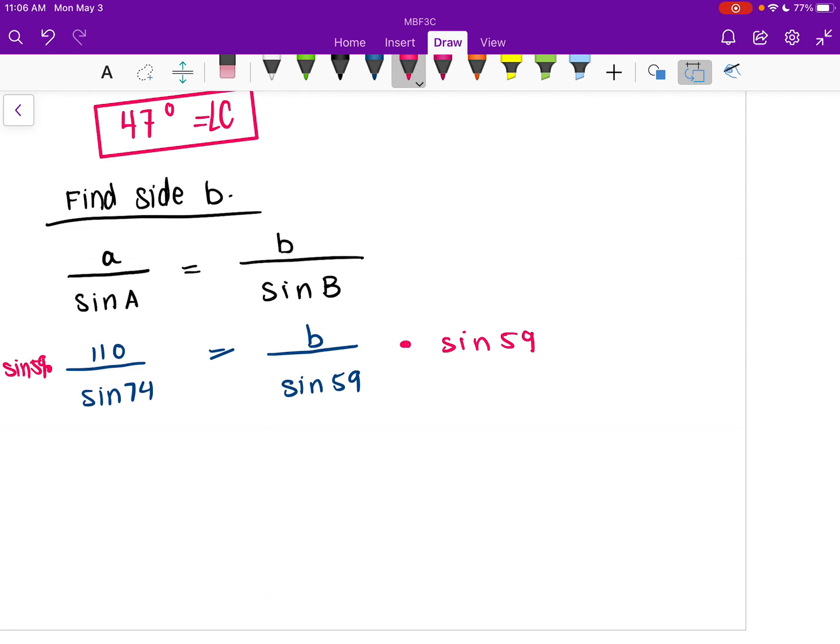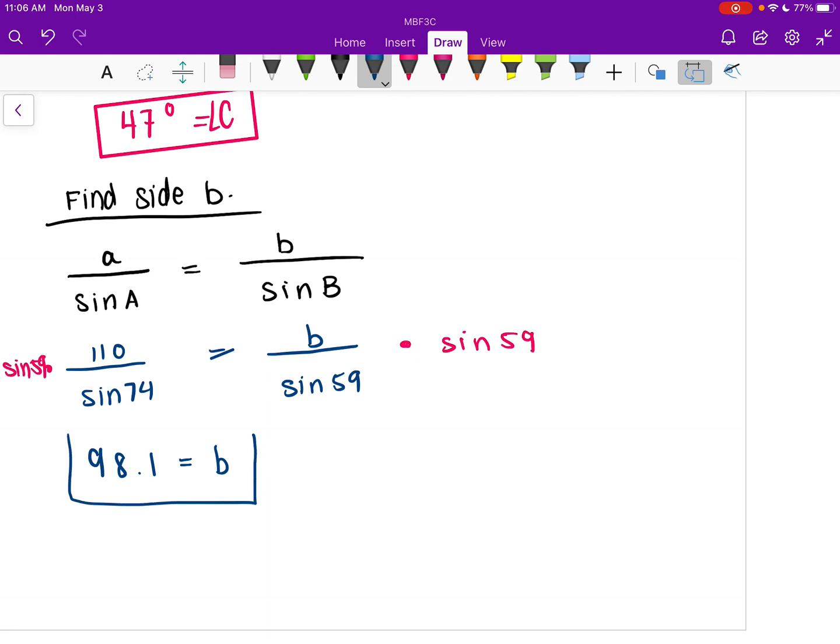So let's just do that. 110 divided by sine 74 times sine 59 is equal to 98.08. So I'm just going to leave it as 98.1 is equal to B.